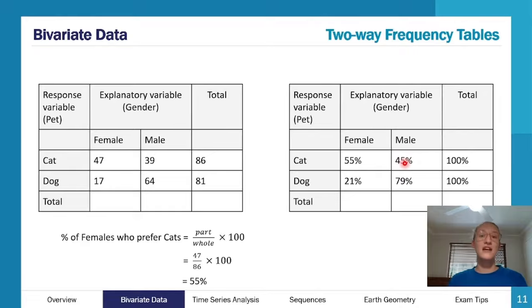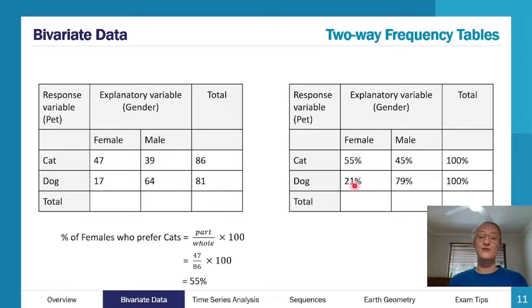So my options are either do this calculation again, so part over whole, 39 over 86 times 100 will give me 45%, or because I know it's going to add up to 100%, sometimes I could just go, well, 100% take 55%, I know it must be 45% of males that prefer cats. But sometimes with rounding errors, that's not the most reliable way to do it. So I'd still definitely recommend always calculating it from scratch where possible.